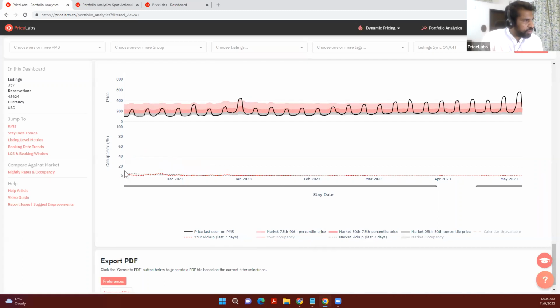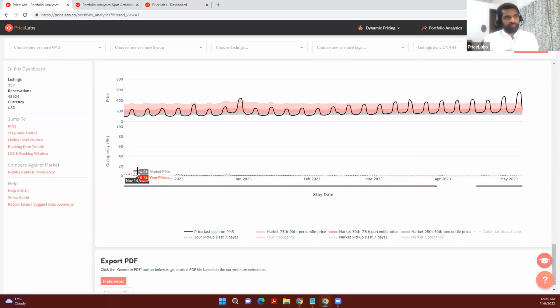What you can also see is the pickup. Pickup means, in the last 7 days for November 14th, what percent of your occupancy has come in versus the market's occupancy. So on November 14th, your market has picked up 4% of the occupancy versus you have only picked up 0.34%. You may want to tweak certain things.